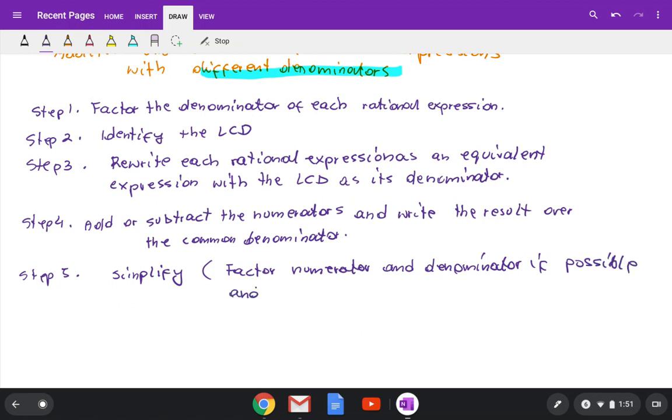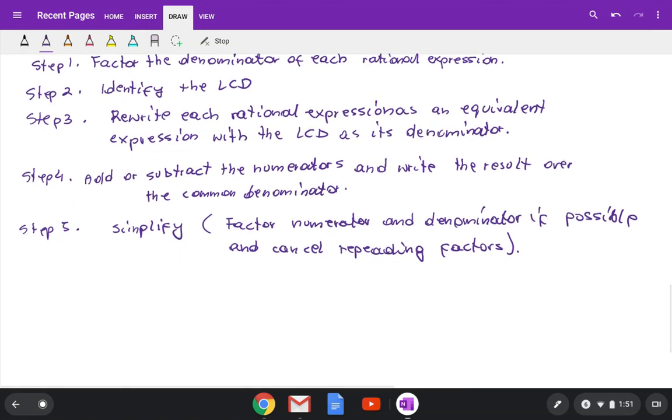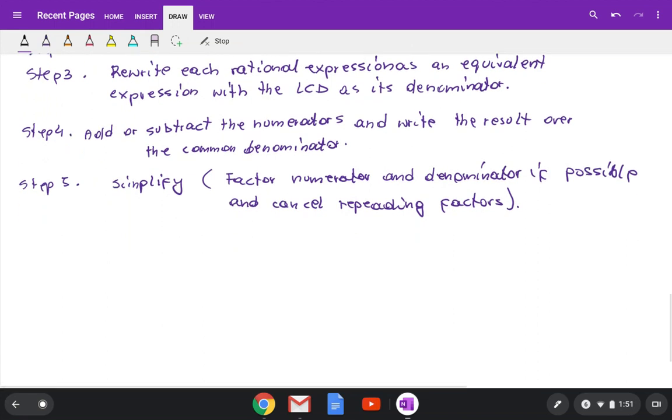And cancel repeating factors. Okay, so all those steps will make sense. Now just do the example, couple examples, so we can practice that.